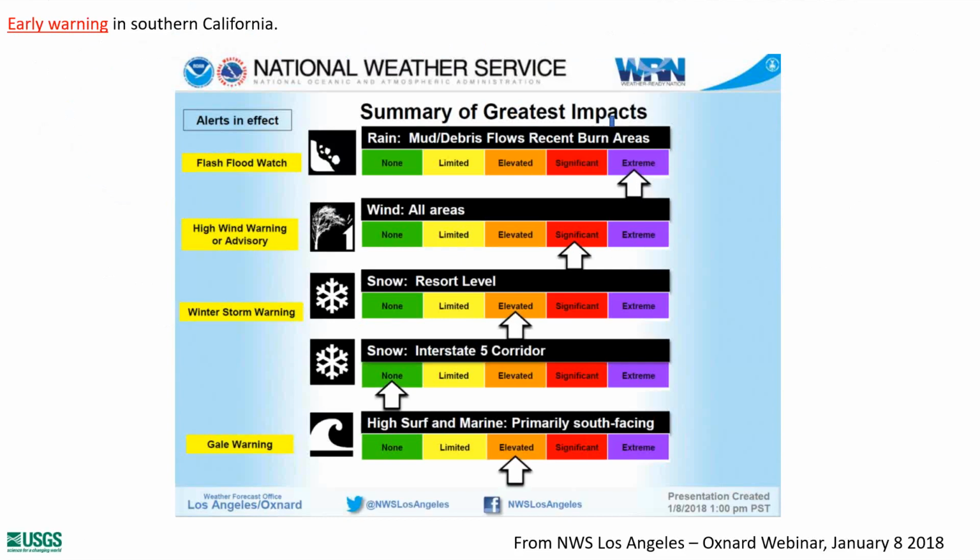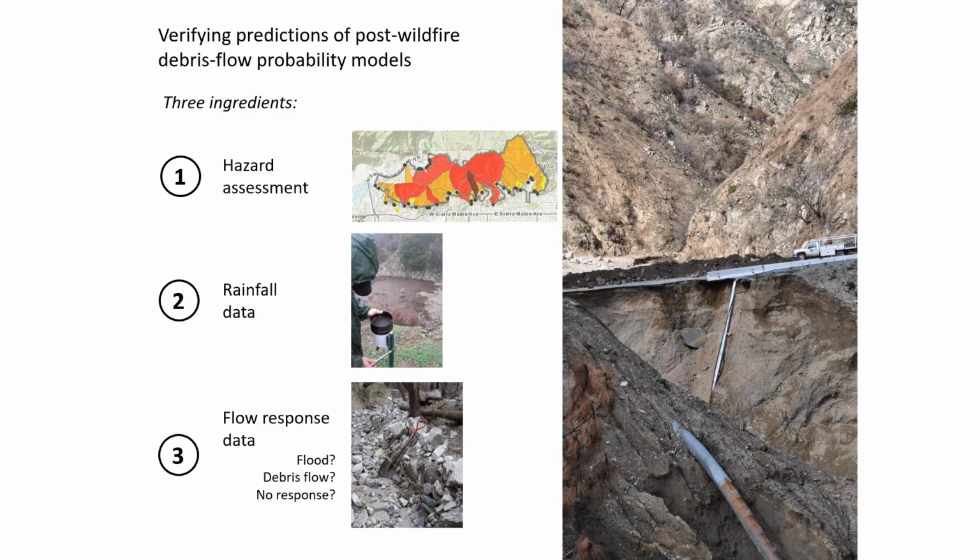As you all are aware, when there's a storm coming, there's typically a forecast, and at the top here you can see the flood watch and the predictions of debris flows based on the probability model that Dennis has created. So what we'd like to do is take the next step and verify predictions of the debris flow probability model.